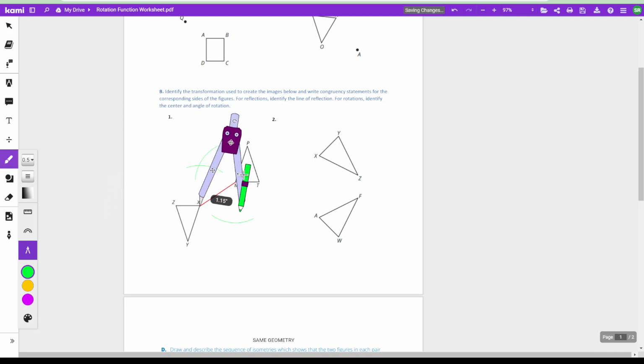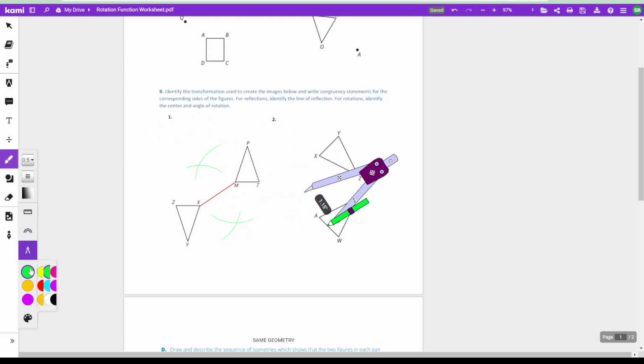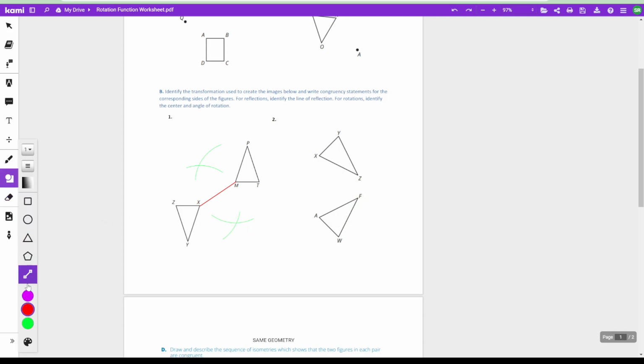Bang, and boom. We got our arcs. So now we can connect that. I'm going to make our perpendicular bisectors purple. And hopefully straight as well. That would be a goal of mine. Okay, there we go. So there's our first perpendicular bisector.